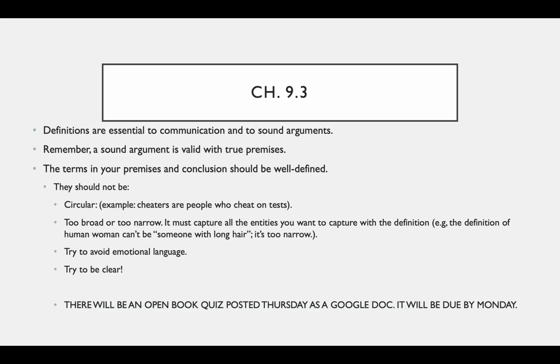So if you say that a woman is somebody with long hair, you are probably not capturing all those women that you want to capture with your term, because there are many women who don't have long hair. It's too narrow. And this is one of the things that can be really difficult.